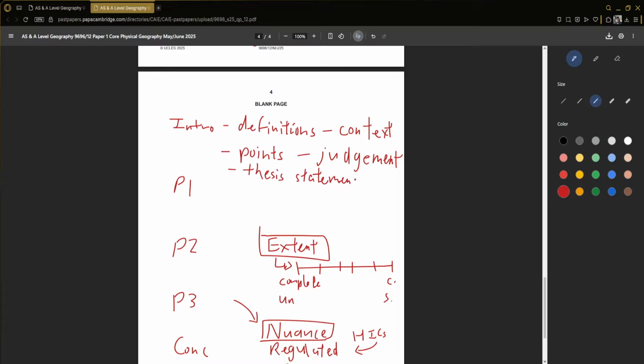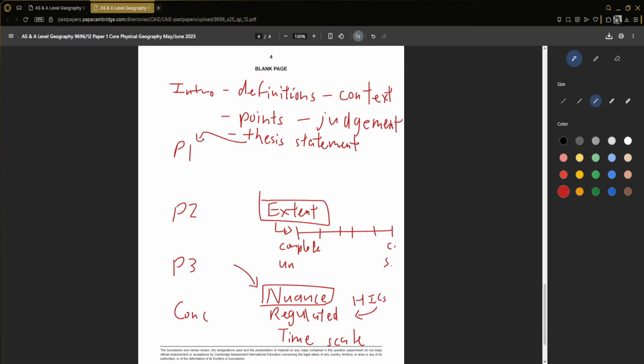And the thesis statement is the main argument that you're going to thread through all your P1. So this argument has to relate to P1, to P2, to P3, and repeat it in your conclusion. And what I mean by this is essentially why you come up with that judgment. Why do you think it's moderately unsuccessful or slightly successful?